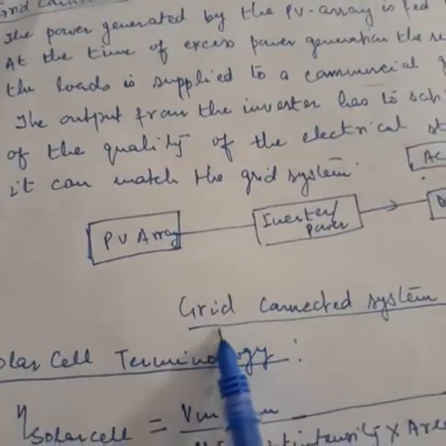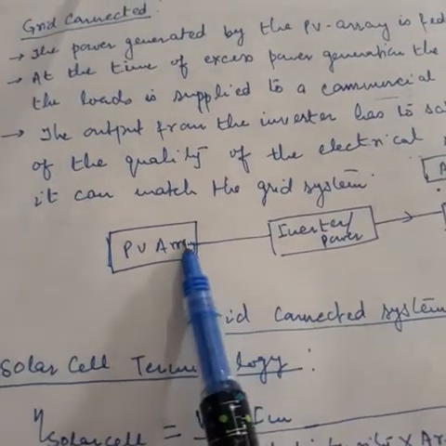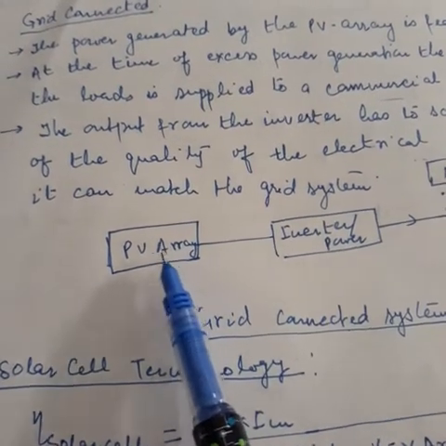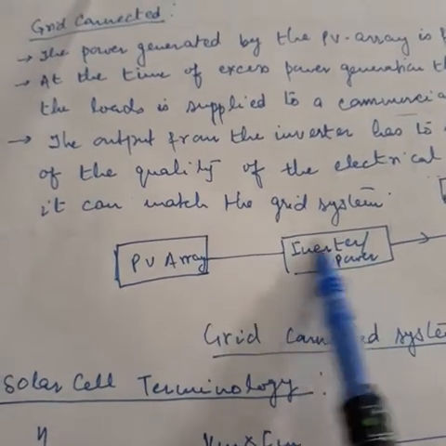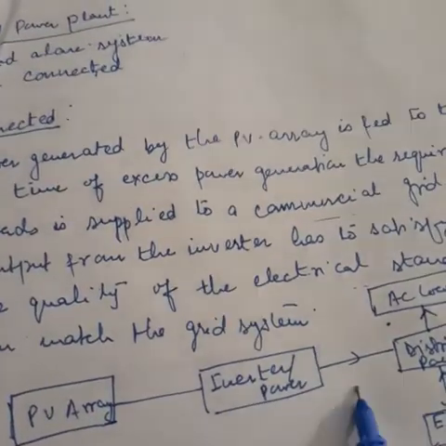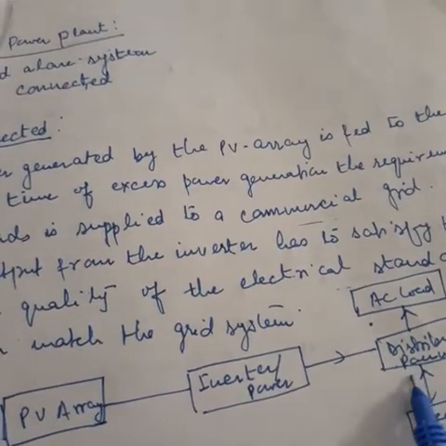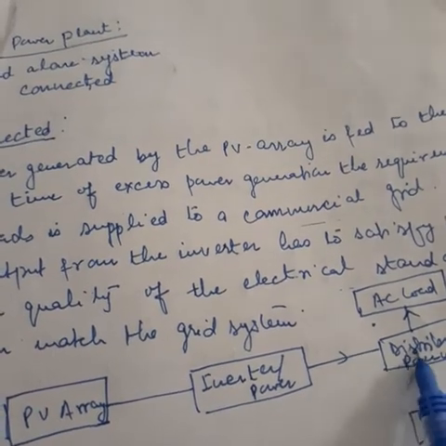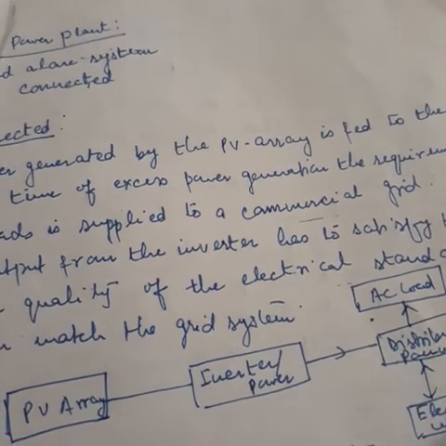This is the layout of the grid connected system. First is the PV array. When the energy comes, an inverter converts the DC into AC, and the distribution panel supplies the electrical utilities.